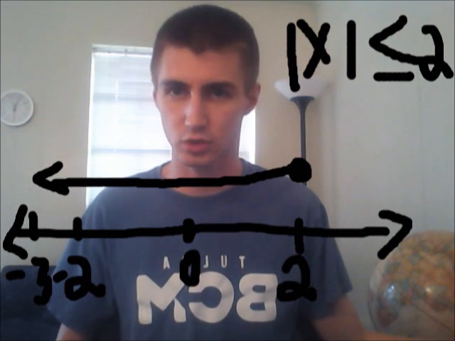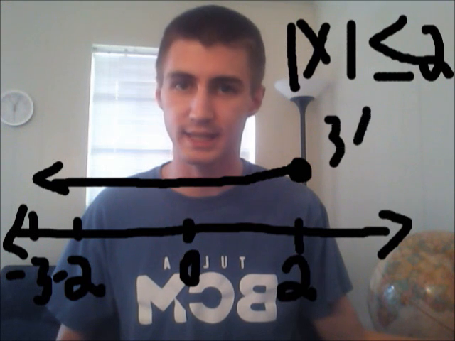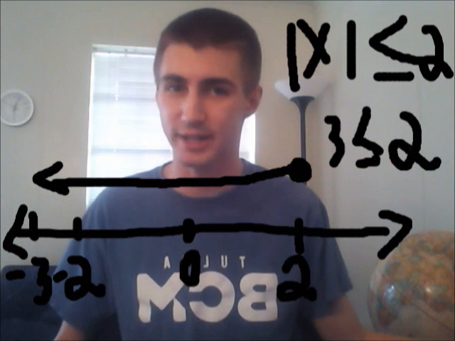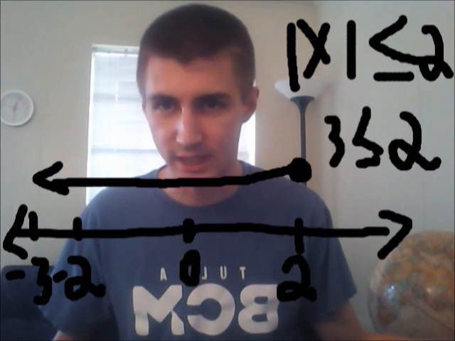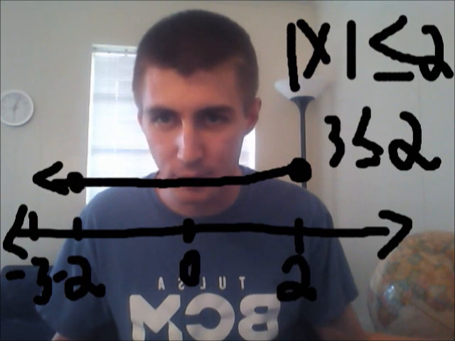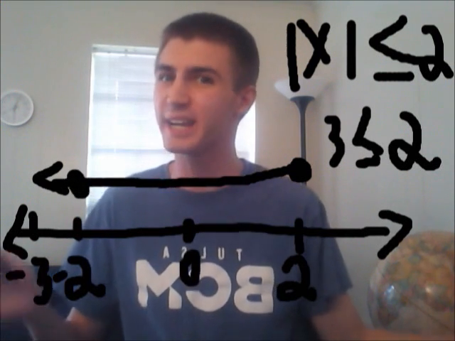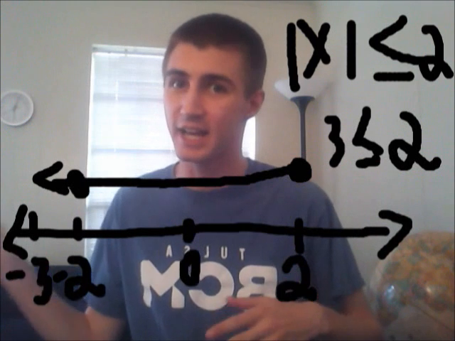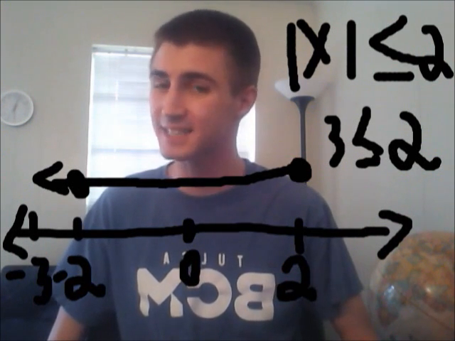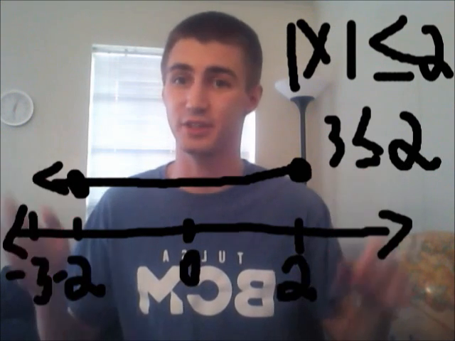And 3 is not less than or equal to 2. 3 is, in fact, greater than 2. So we're going to create sort of a stop point right here, because we know if you go anywhere past -2 on the number line, you're getting bigger negative numbers, and if you make those into positive numbers, they're going to be bigger than your original 2.